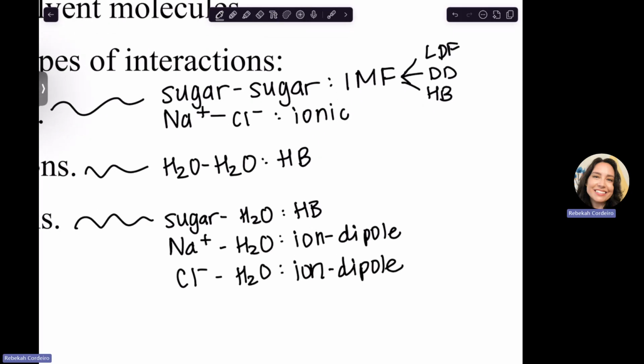And basically what we're going to have to consider is which of these interactions will be overall stronger. So are we going to be able to take apart the molecules from each other and the water from each other to make these new interactions? So the stronger your solute-solute or solvent-solvent interactions, maybe the less likely we are to dissolve.